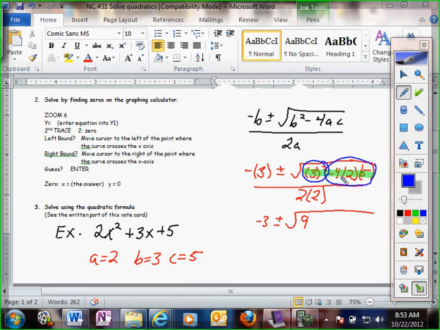So negative 4 times 2 is negative 8, and negative 8 times 5 is negative 40. I'll show you again. First square the b, write it down. Don't skip this step. Then these three numbers here must be multiplied. Negative 4 times 2 is negative 8, and negative 8 times 5 is negative 40. Over 2 times 2 is 4.